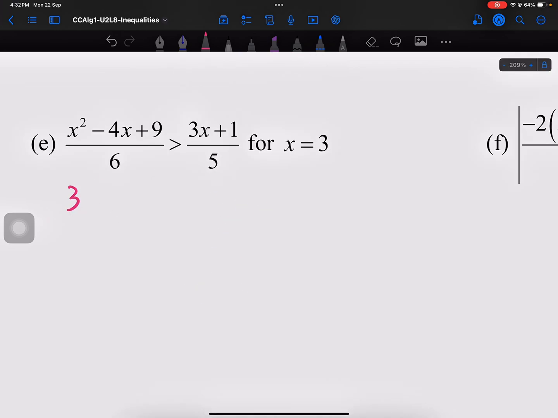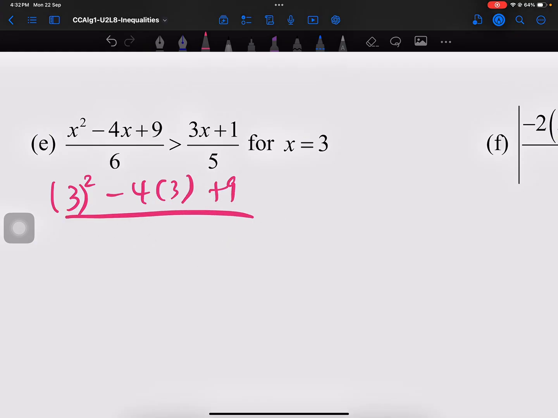x to 3 minus 4, 3 plus 9. So I settle all the brackets, become 9.